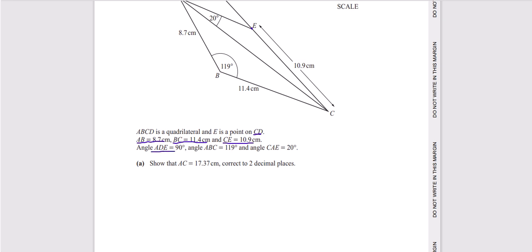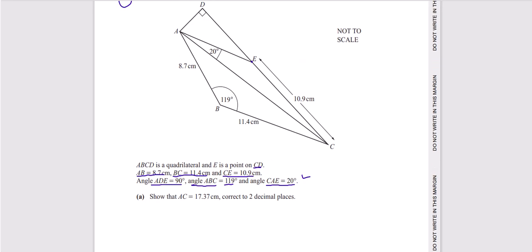Angle ADE is equal to 90 degrees and angle ABC is equal to 119 and angle CAE is equal to 20 degrees. Show that AC, this line, is equal to 17.37 centimeter, correct to 2 decimal places.